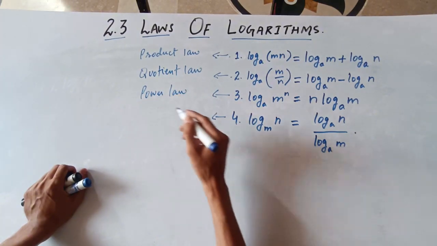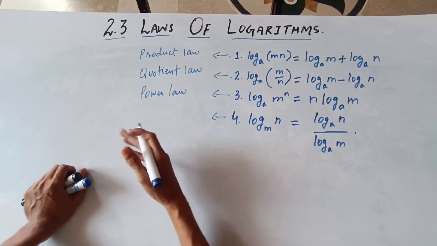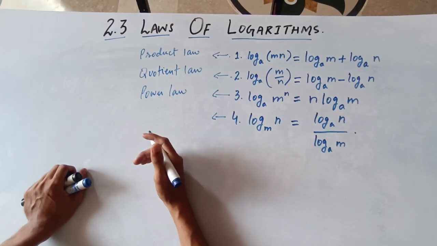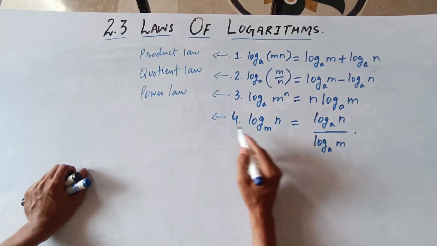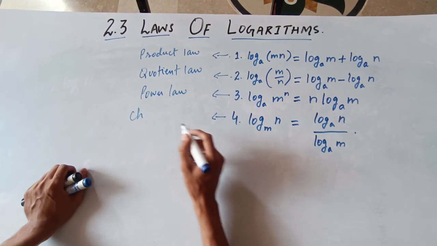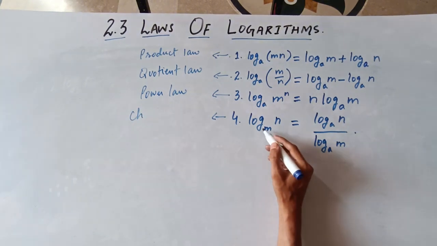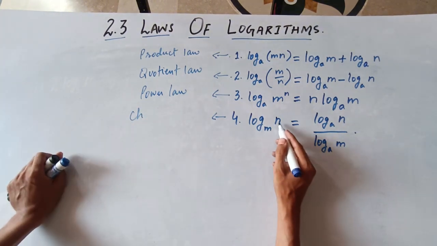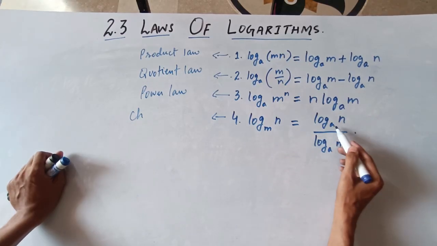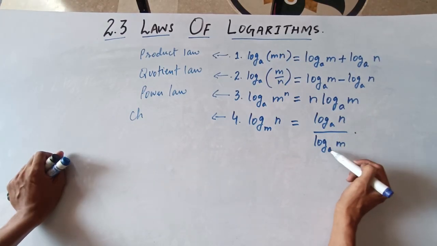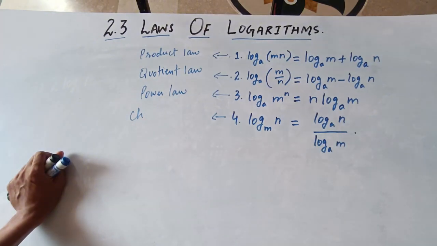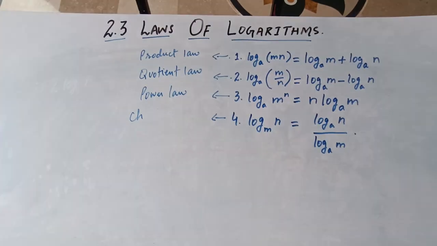Now this particular law is very interesting, and when we apply it in the questions, you will understand properly. It's very helpful in changing what you can see over here. It is written log base m n equals, but over here you can see the base is not m. So we can change the base of our question by using this particular law.